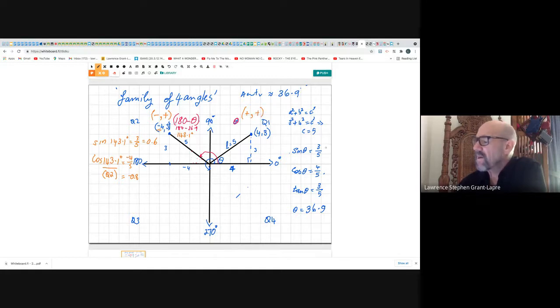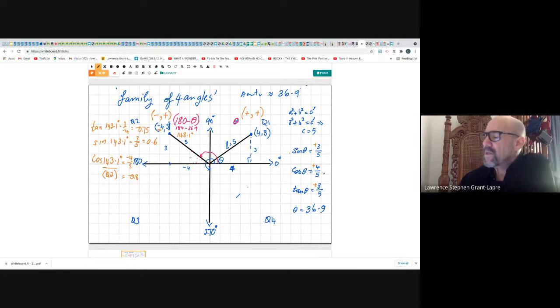So sine is positive 0.6, cos is negative 0.8. By the way, tan of 143.1 equals opposite over adjacent, 3 over negative 4, equals negative 0.75.